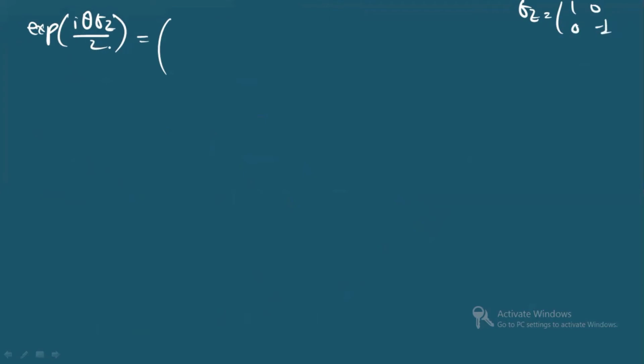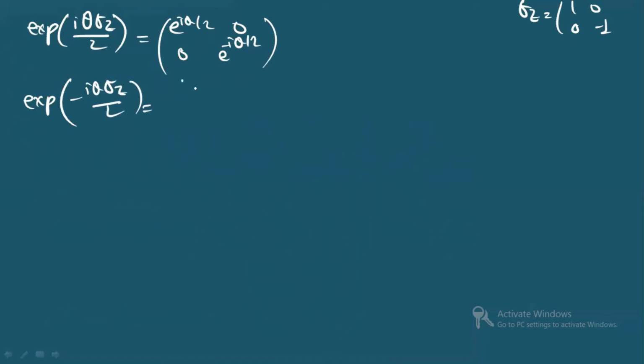So when you multiply by I theta by 2, you will get e to the power I theta by 2 here, 0, 0, and e to the power minus I theta by 2. This is what you will get. And the next was exponential of minus I theta sigma z by 2. So this time a negative sign will come. So it is e to the power minus I theta by 2, 0, 0, e to the power plus I theta by 2.